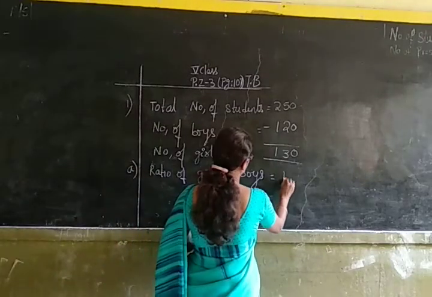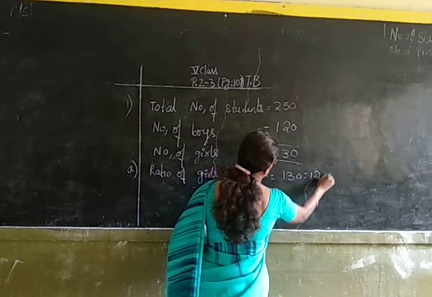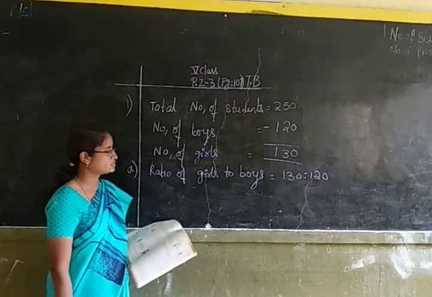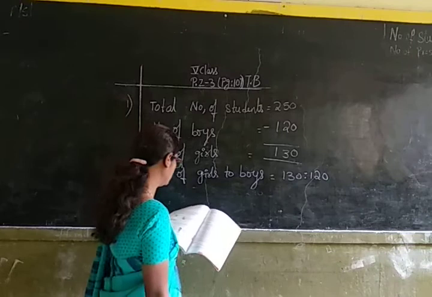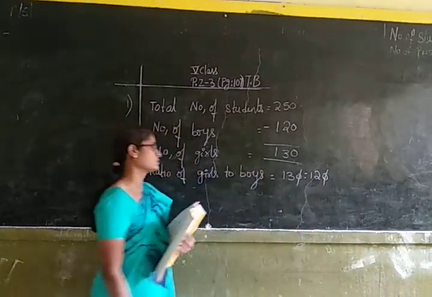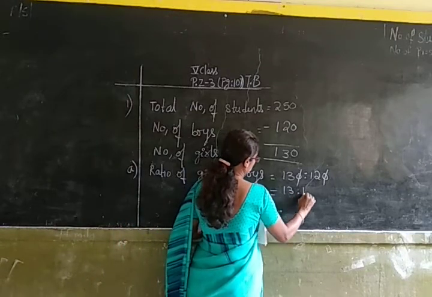There are 130 girls. And how many boys are there? There are 120 boys. So the ratio of girls to boys is 130 is to 120. Let us cancel the zeros. So now the ratio will become 13 is to 12.